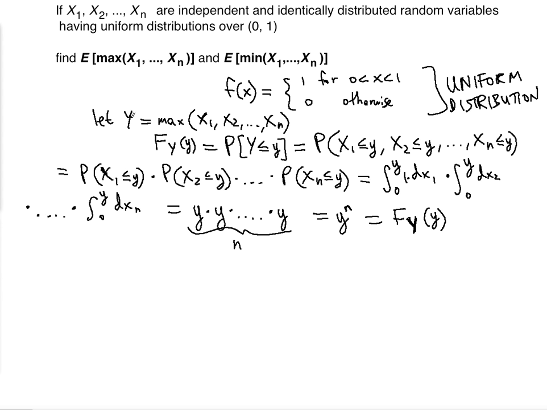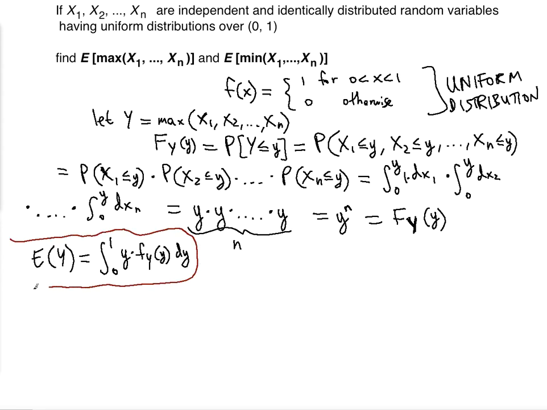We know that the expected value of the random variable Y is going to be integrating from 0 to 1 the product of y and the density of Y.